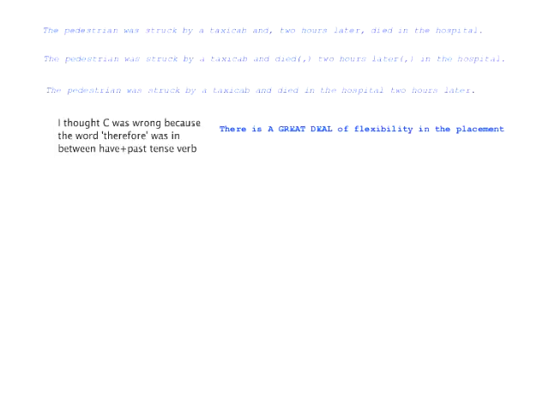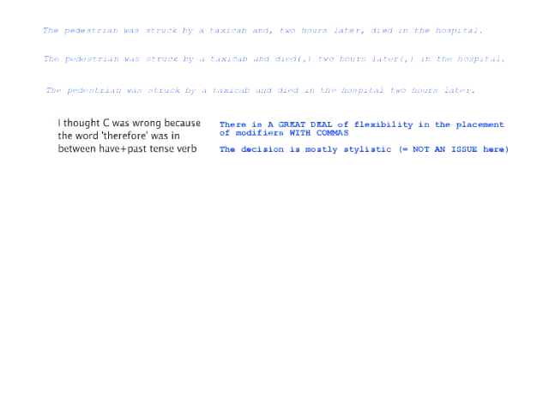And the decision is mostly stylistic. And what that means for you is that it is not an issue here, because style issues are not tested.